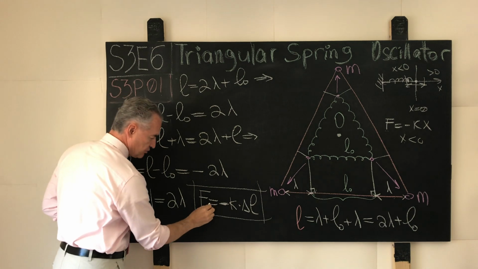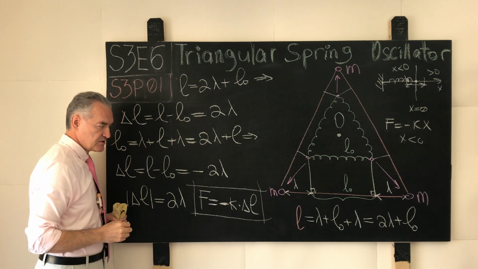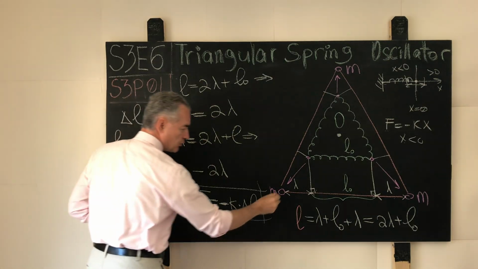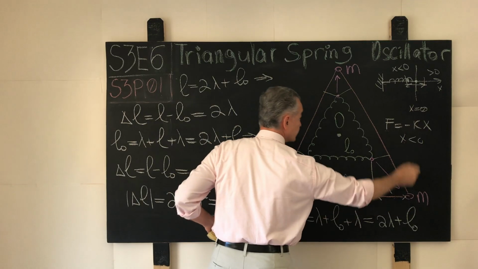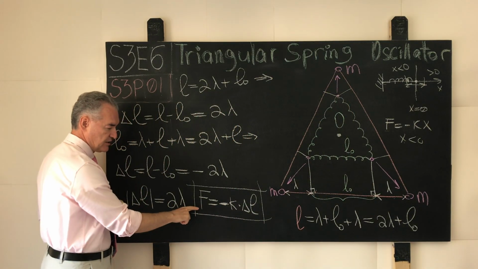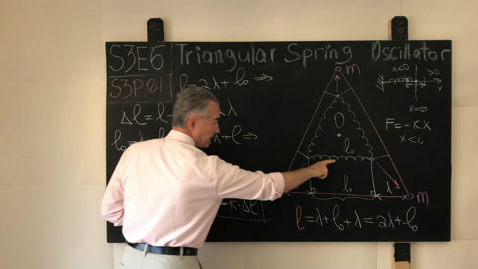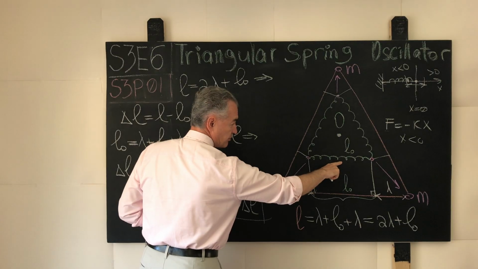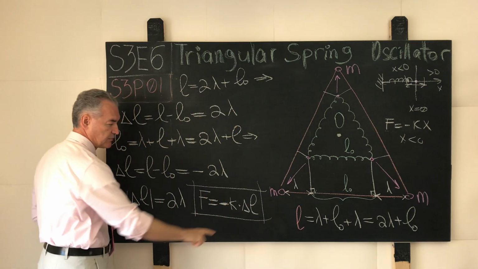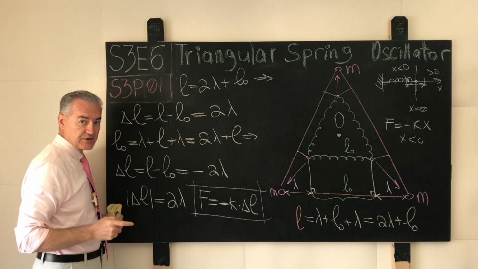This is, so to speak, the driving force behind the origin of what makes all 3 point masses oscillate. And remember that this force shown over here, minus k delta L, where k is the spring constant of each ideal spring that forms our system, that force is generated by how many springs?